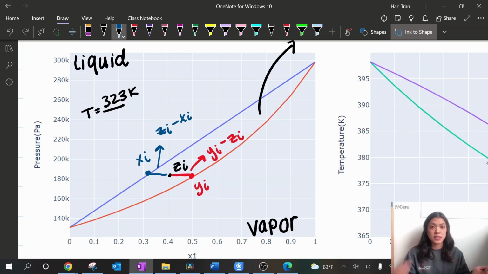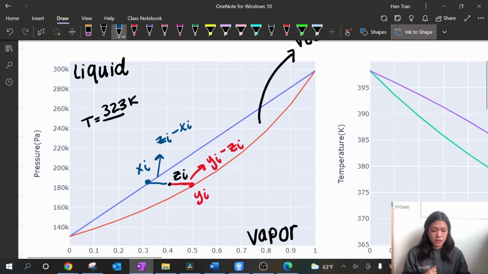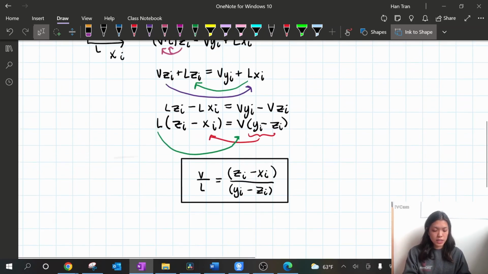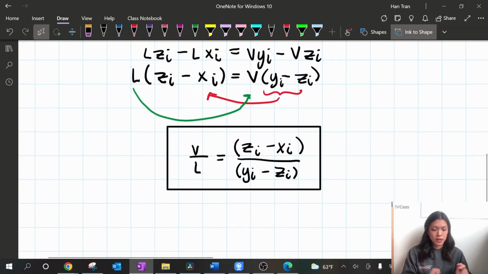So we have the differences on either side, and this is acting like a lever or a seesaw where they are balancing out. And so the ratio equation down here that we derived is actually the lever rule.